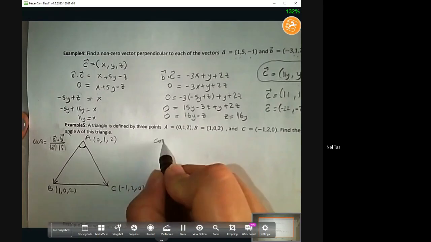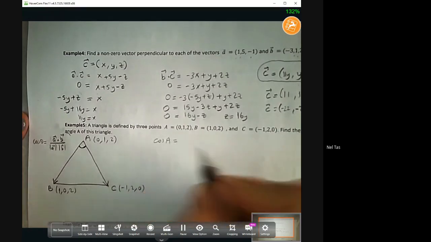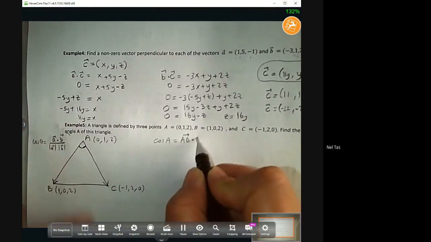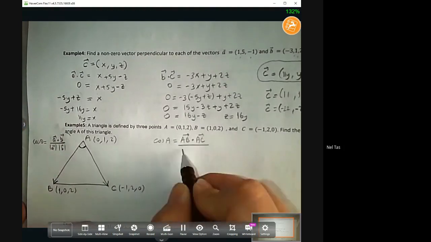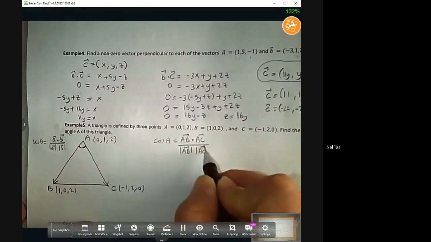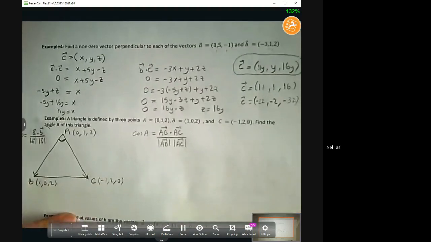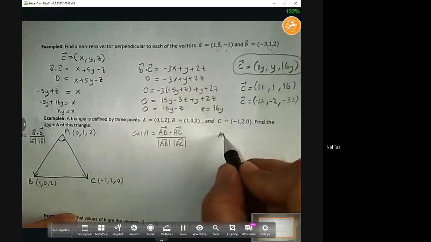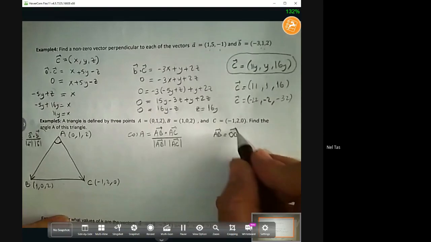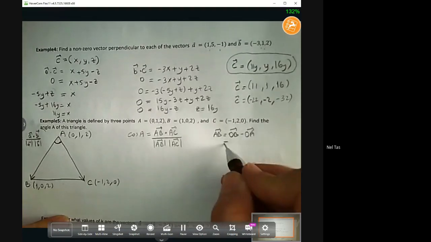Then how can we find cos A? We can do the AB vector dot the AC vector and divide by the magnitudes of those two vectors. So the AB vector, we know how to do it. OB minus OA.